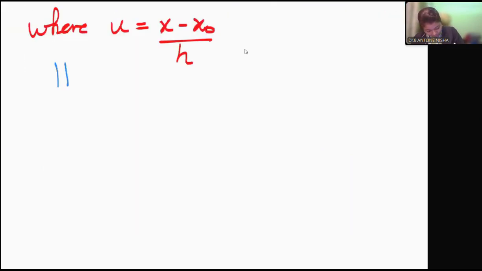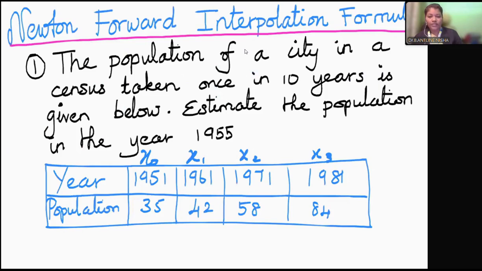Here x naught equals 1951, and the h value is, you see, what is the difference between x naught and x1? 1961 minus 1951 is 10. So the h value is 10.